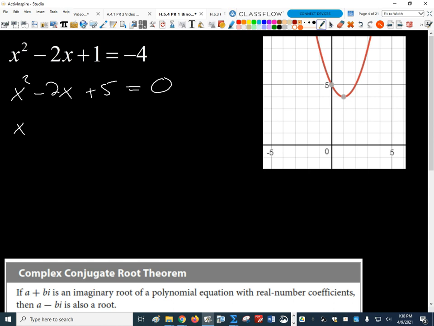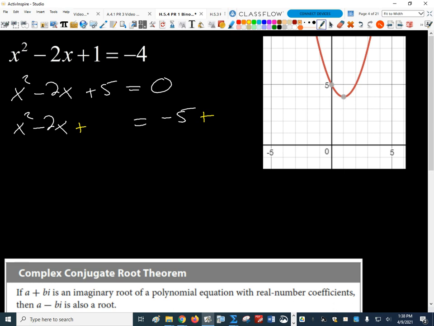So we've got x squared minus 2x, leave a space, chase the 5 over to the other side. Then what's the number that I would have to add to both sides to create a perfect square trinomial here? Remember how we did that? Completing the square. It's been a while. Didn't we do half of b, squared?